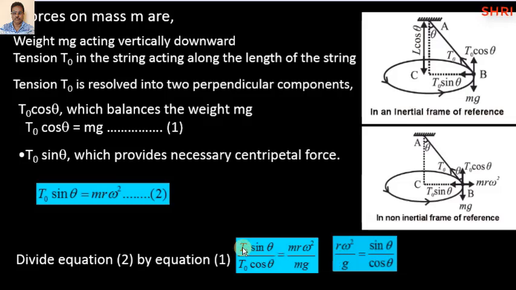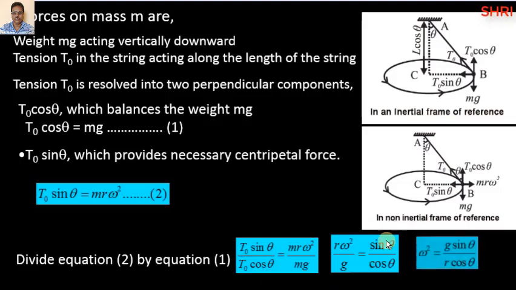From that we get the formula for omega square: sin theta upon cos theta equal to r omega square upon g, so g sin theta goes to the numerator and r to the denominator. So this is the expression for omega square.